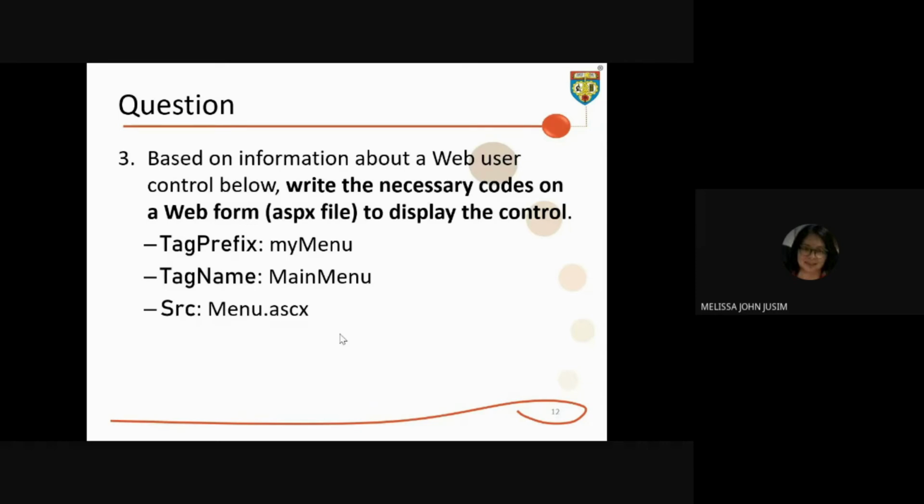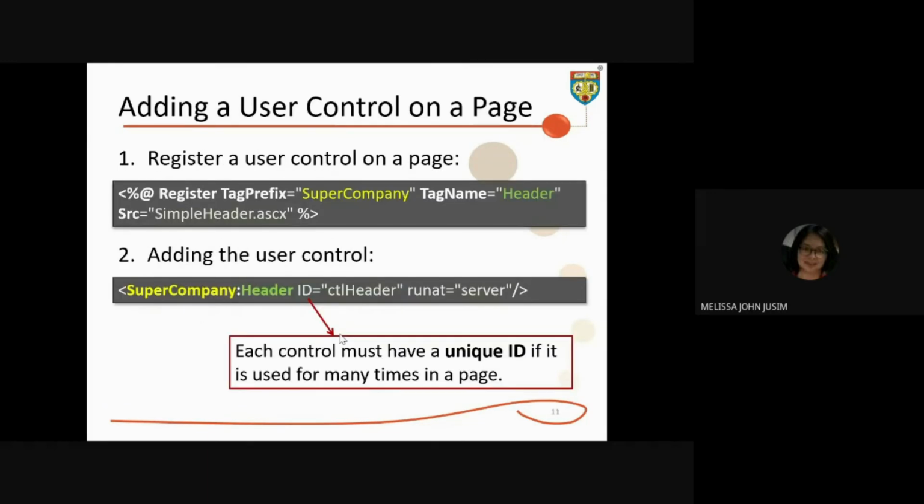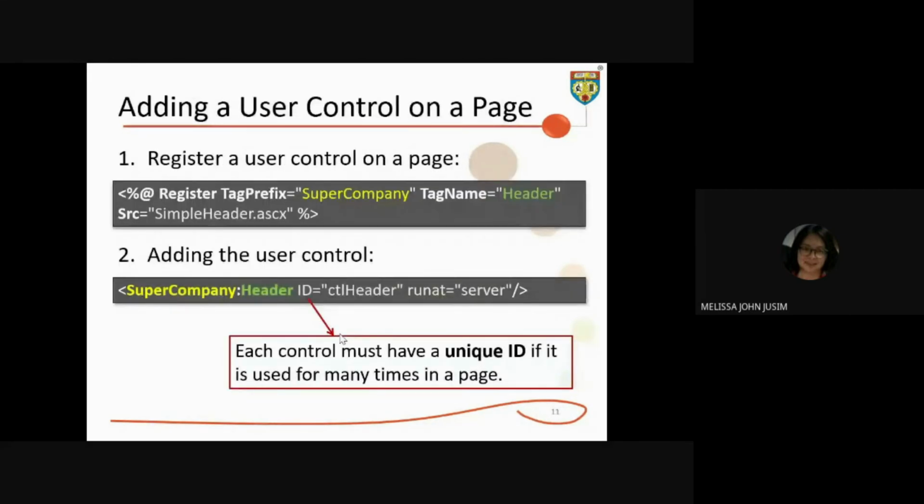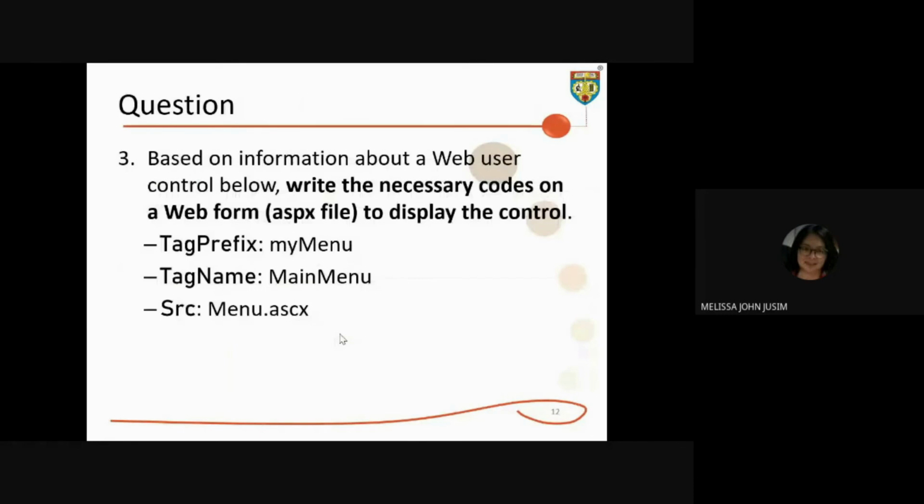If you want to display the control, what do you need to do first? Register first. After you register, then you can add the user control. The tag prefix is already given. The tag name is already given. The source is already given. And when you want to add the user control, you can give any unique ID for the user control. So that's how you answer question number 3.